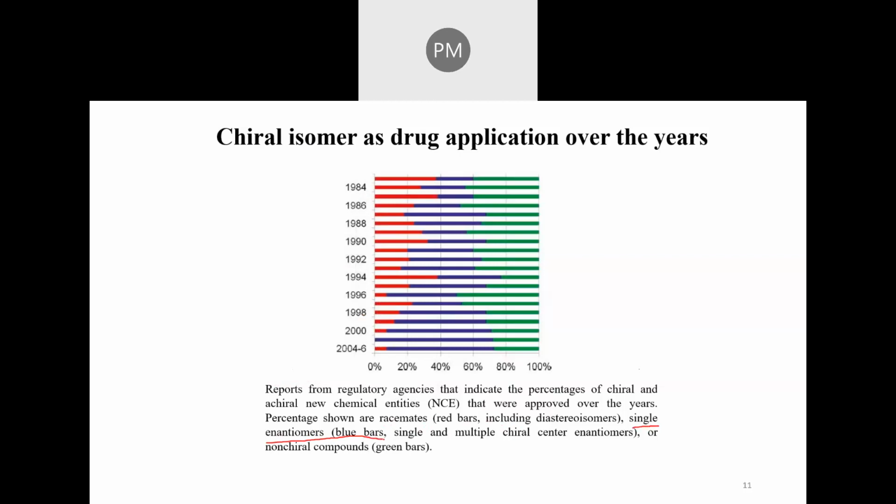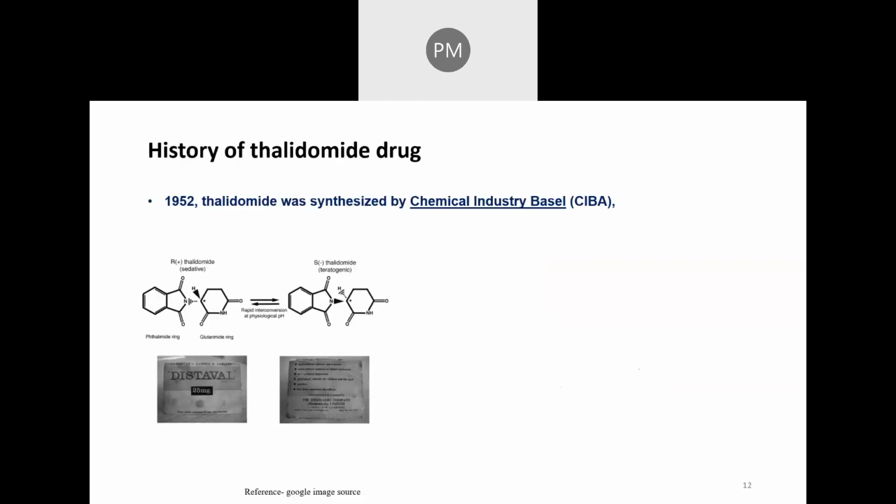There was an incident in our history, in 1952. There was a disaster you already know, the thalidomide disaster. The thalidomide disaster happened in 1952, mainly after the World War.